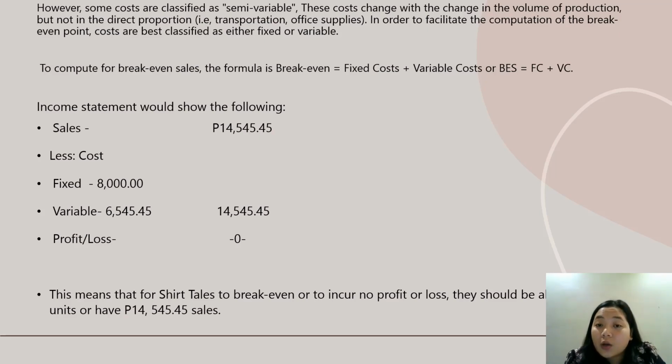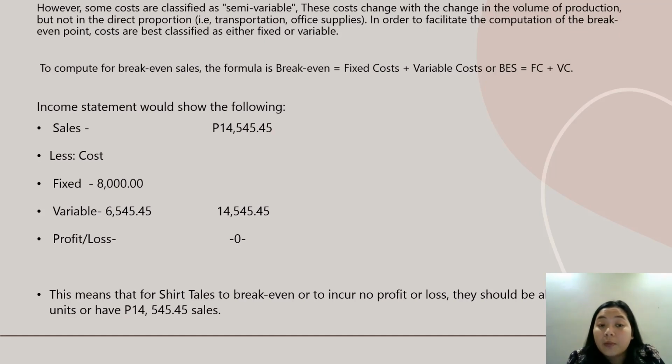These costs change with the change in the volume of production, but not in direct proportion, for example transportation and office supplies. To facilitate the computation of the break-even point, costs are best classified as either fixed or variable.